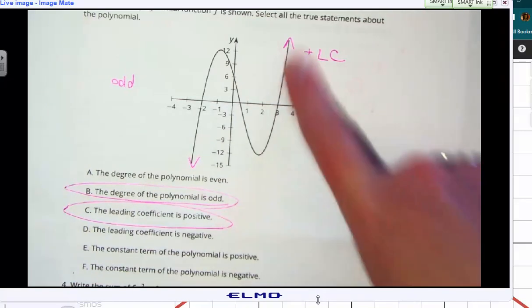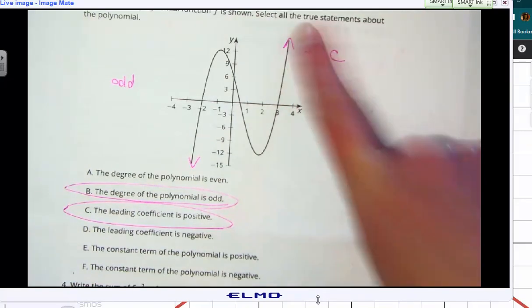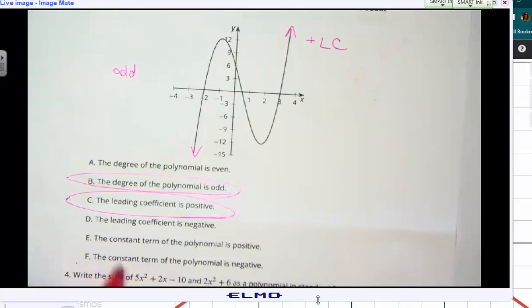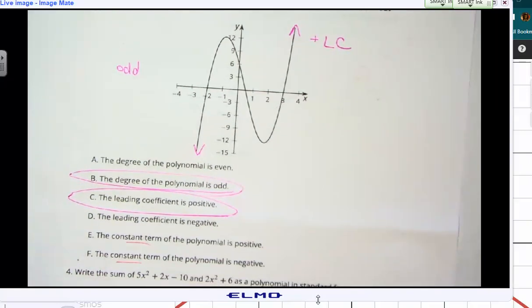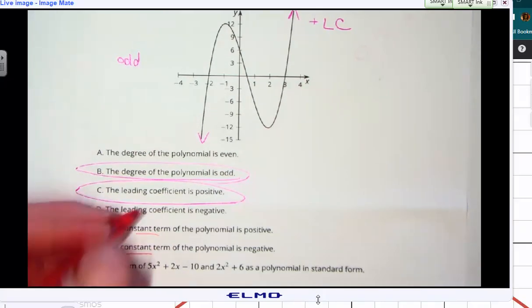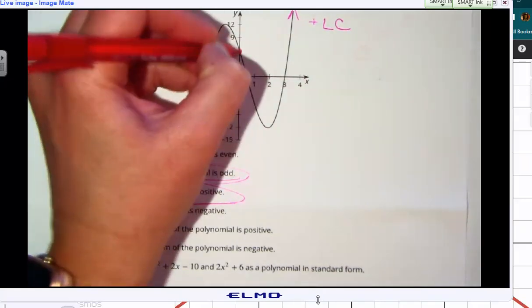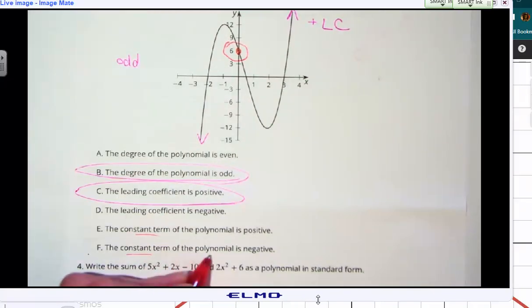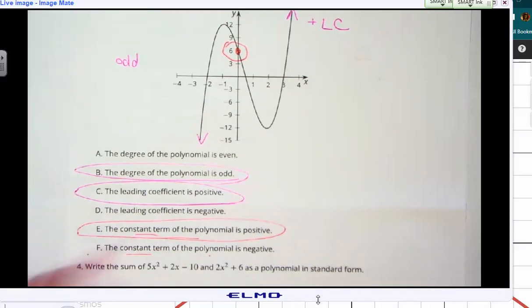It's moving in a positive direction. And then it asks me about the constant term, whether that constant is positive or negative. Remember that the constant has to deal with the y-intercept. Boom, right there is our y-intercept. This is a +6, so our constant has to be a positive number.